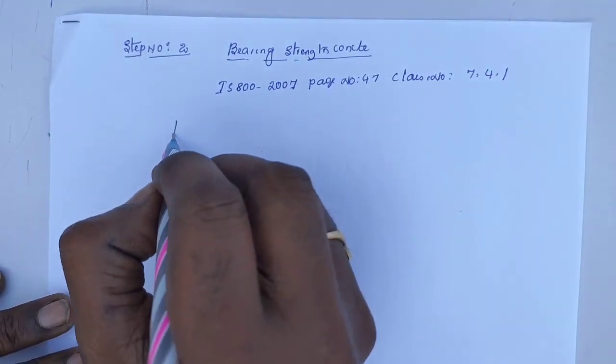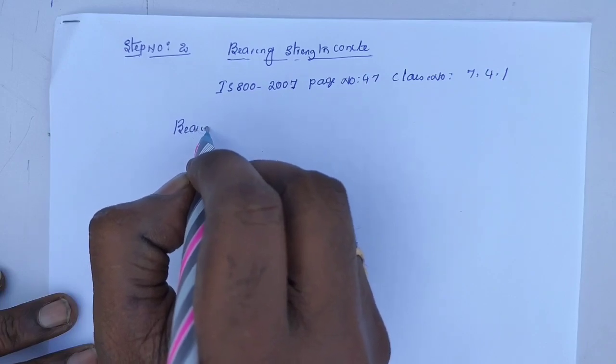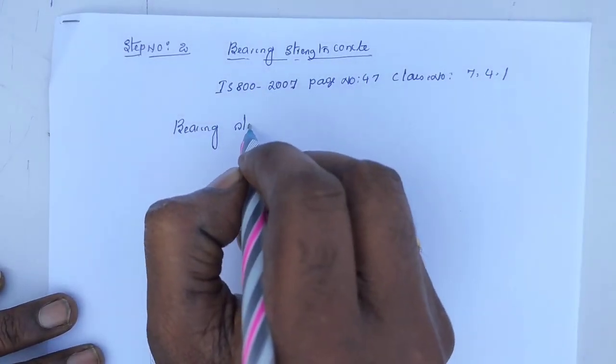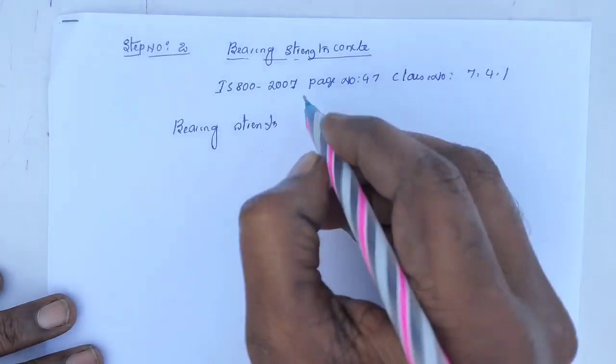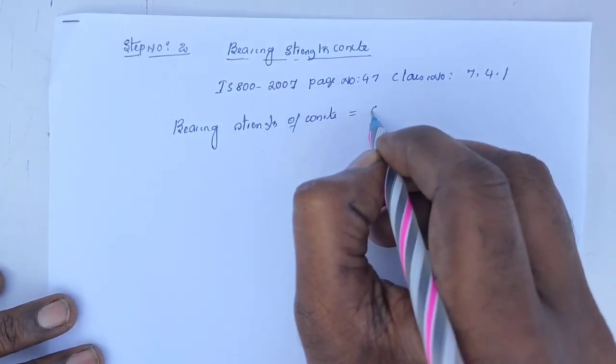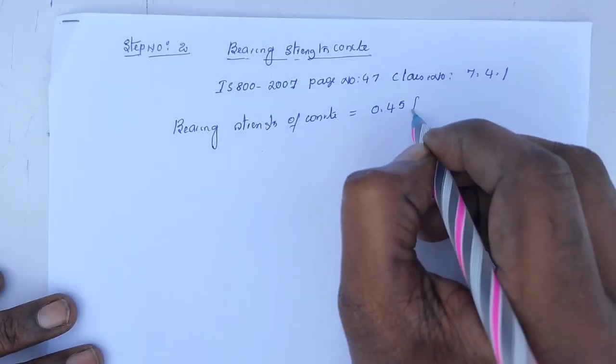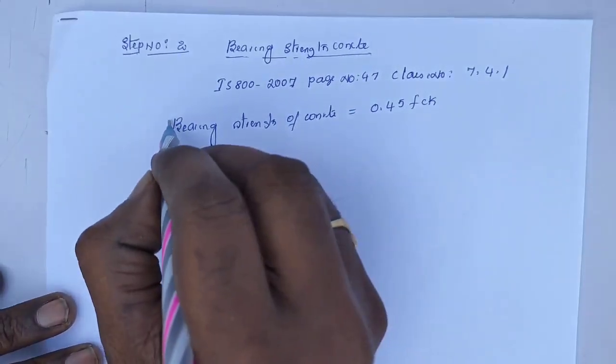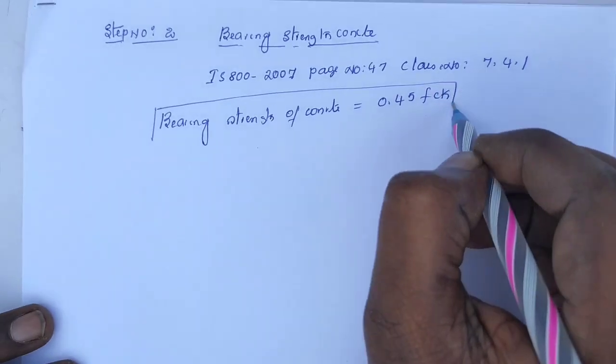Therefore, the formula for bearing strength of concrete is equal to 0.45 FCK.